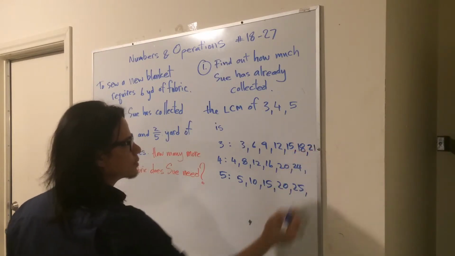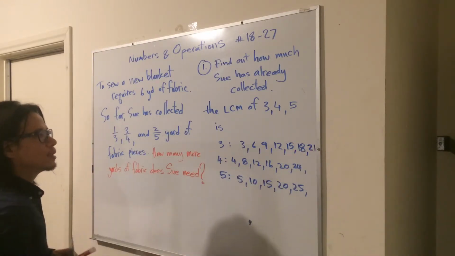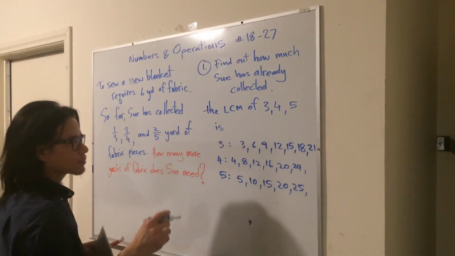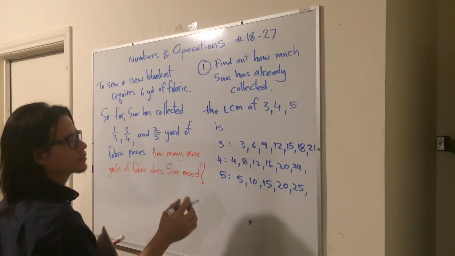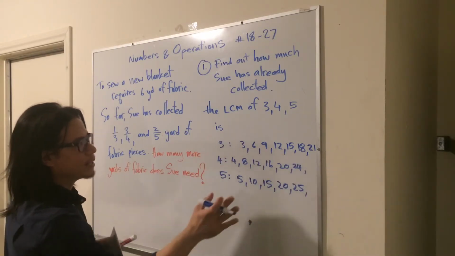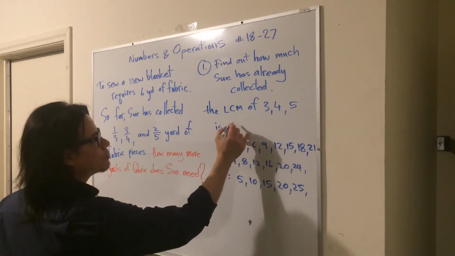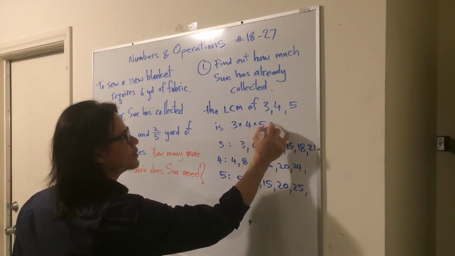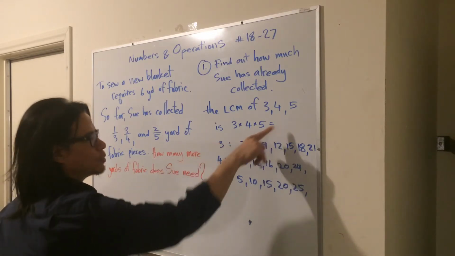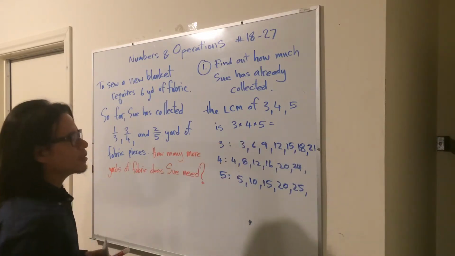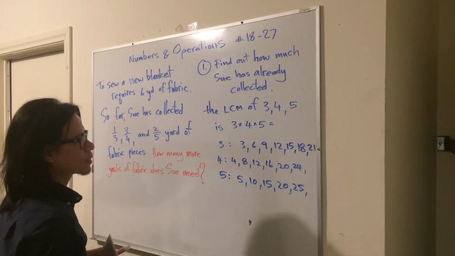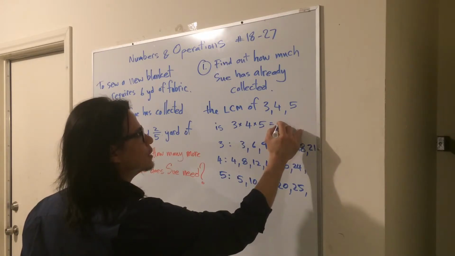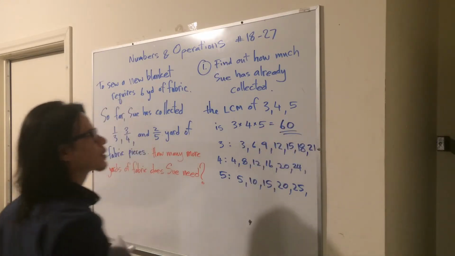The next number in 3 is 21. It's hard to find the LCM of these 3 numbers, but one way you are guaranteed to find a common multiple is to multiply 3 times 4 times 5. So ask yourself, what's 3 times 4? 12. Times 5 is 60. Let's go with that.